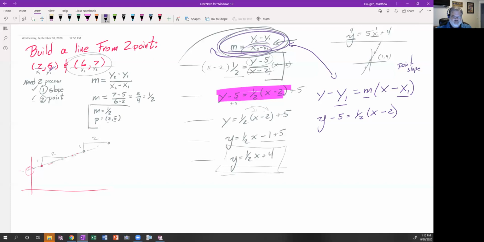But from the perspective of building a line, starting with this point slope form is really helpful.